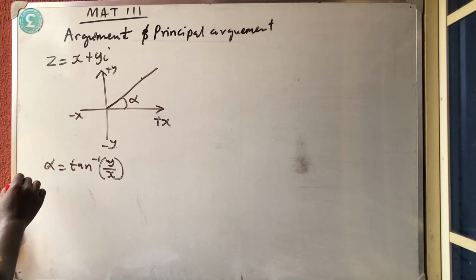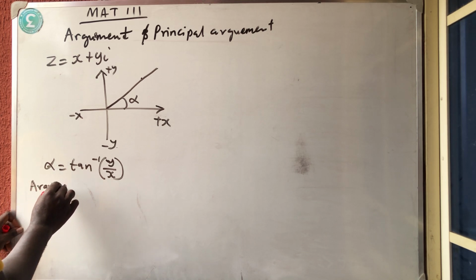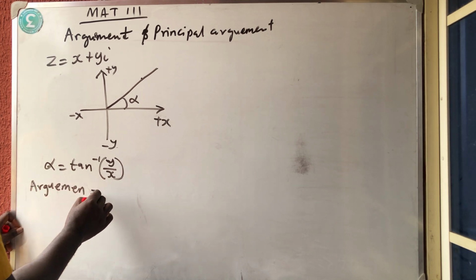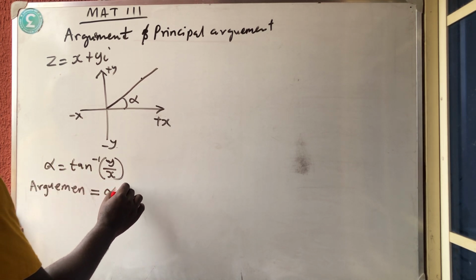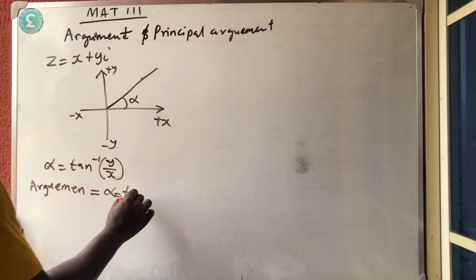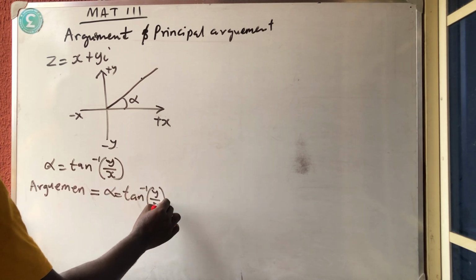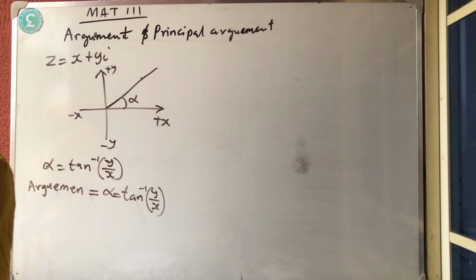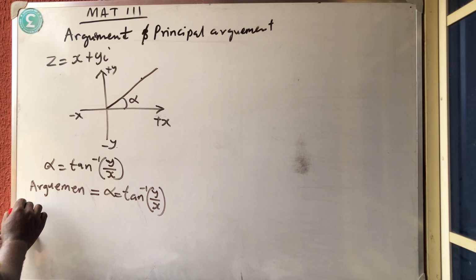Now your argument is the same thing as this alpha, which is tan inverse of y over x.